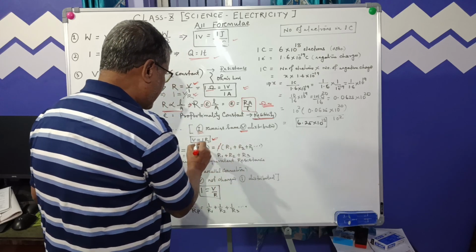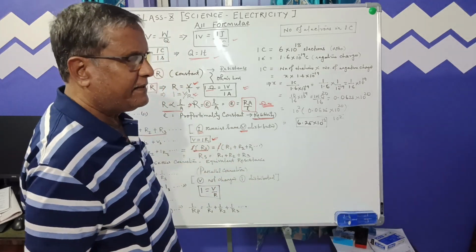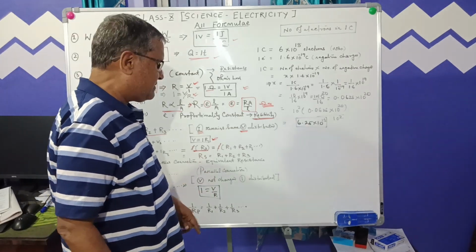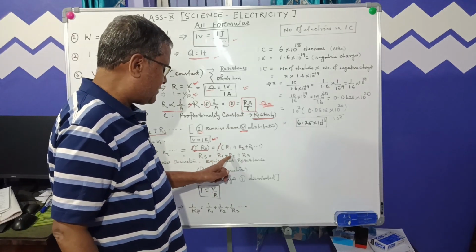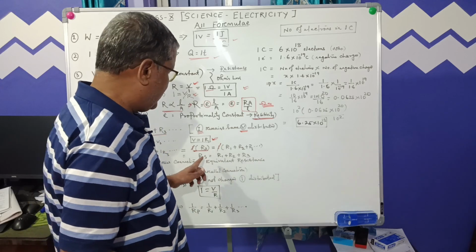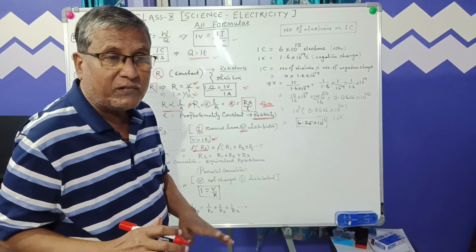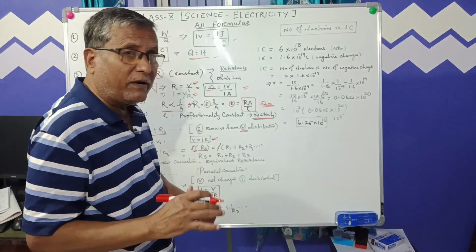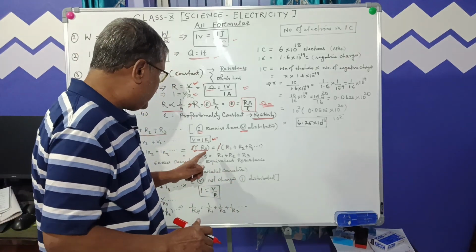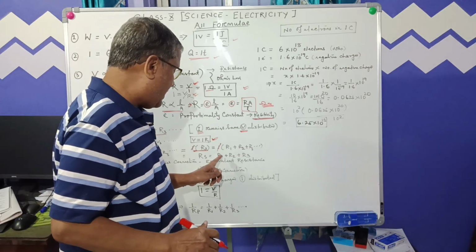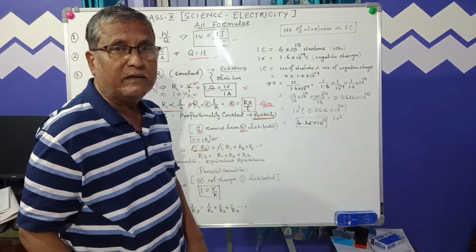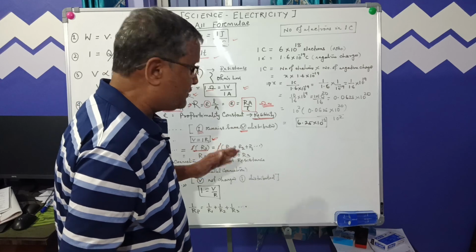So this is cancelled, and now we get Rs is equal to R1 plus R2 plus R3. So the equivalent resistance of 3 resistors connected in series, denoted by the symbol Rs, is equal to R1 plus R2 plus R3. So this is about series connection.